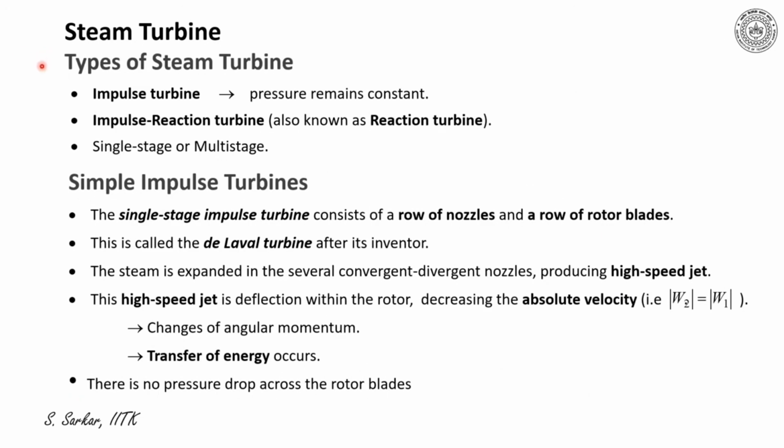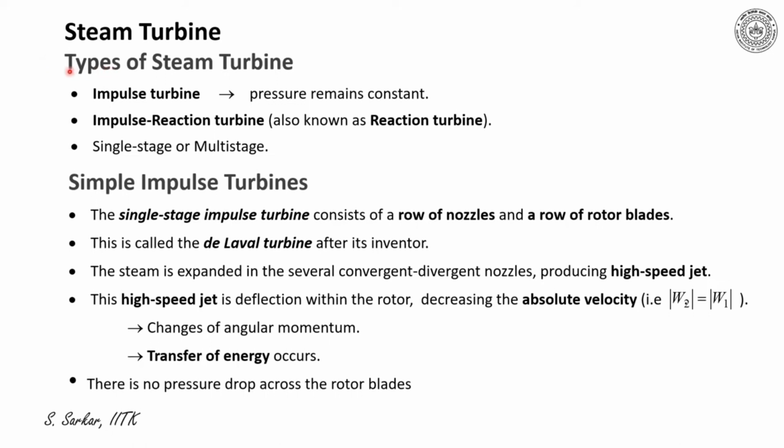I would like to mention here the types of steam turbine. I have already discussed impulse and reaction turbine while presenting the chapter on gas turbine. However, let me discuss again for sake of completion.